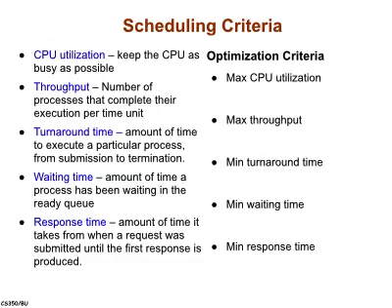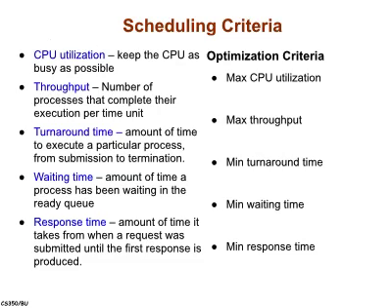Another criterion is to maximize the number of processes that complete their execution per unit time. In this case, you might want to execute the smallest jobs first before you execute longer jobs.